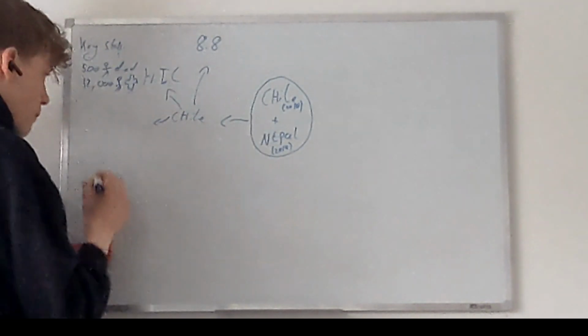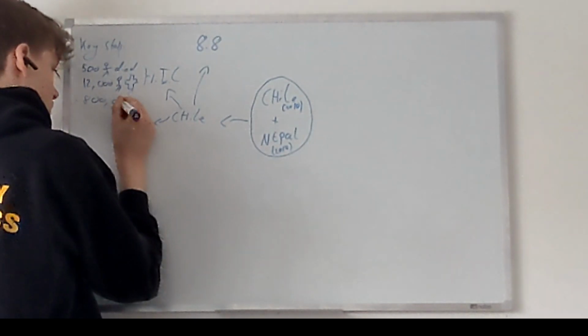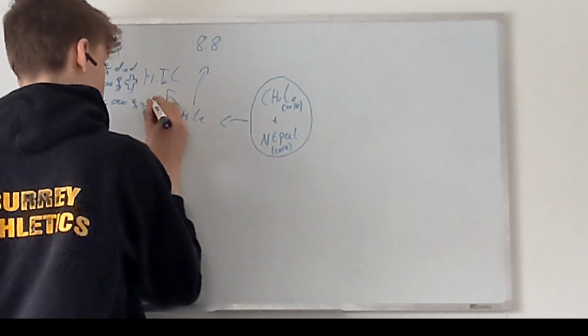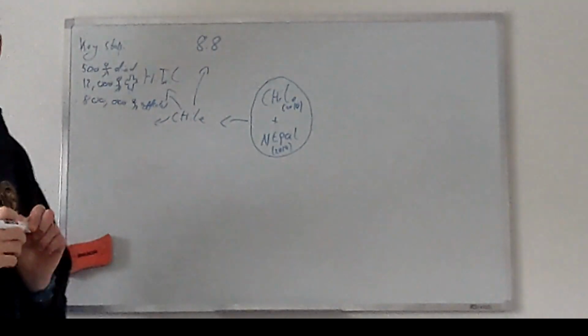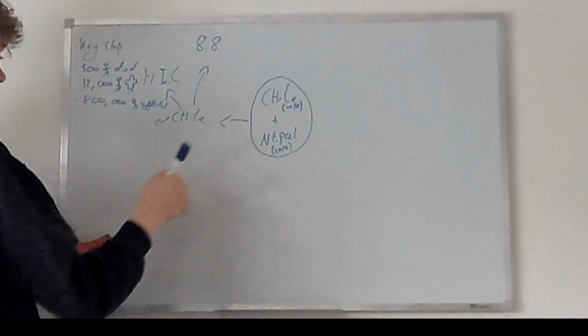And then how many people were affected? It was 800,000 people affected. And that's a huge number, though clearly not as huge as in Nepal.